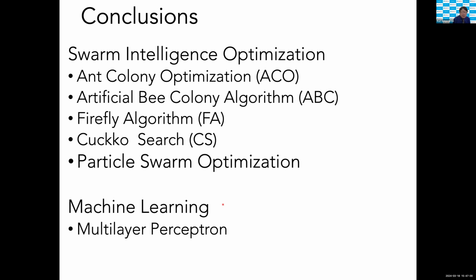I explained that in swarm intelligence optimization, the balance between local and global search capability is very important. Additionally, I discussed using PSO for training multilayer perceptron in machine learning.